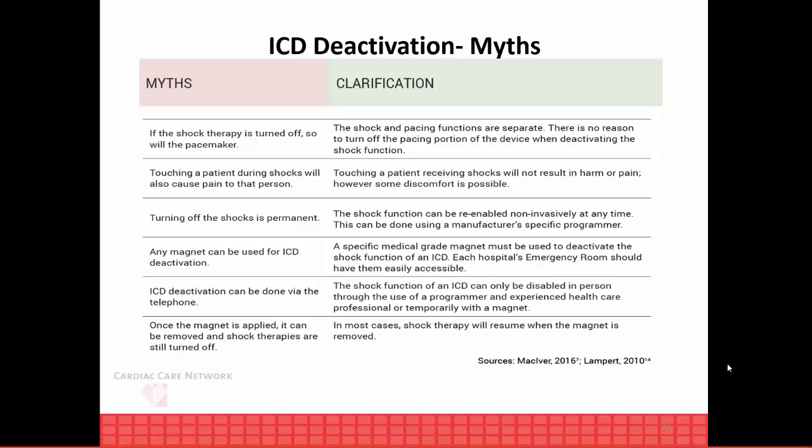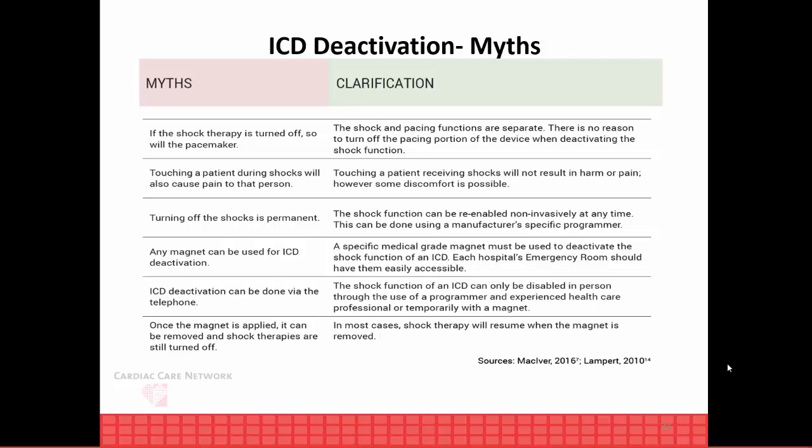Most emergency rooms should have them, and we're advising that nursing homes and palliative care homes should have them as well. Some manufacturers, the magnet needs to be taken off and reapplied to the skin. But if the magnet is taken off permanently, the device will reset itself and the shock therapies will be resumed.